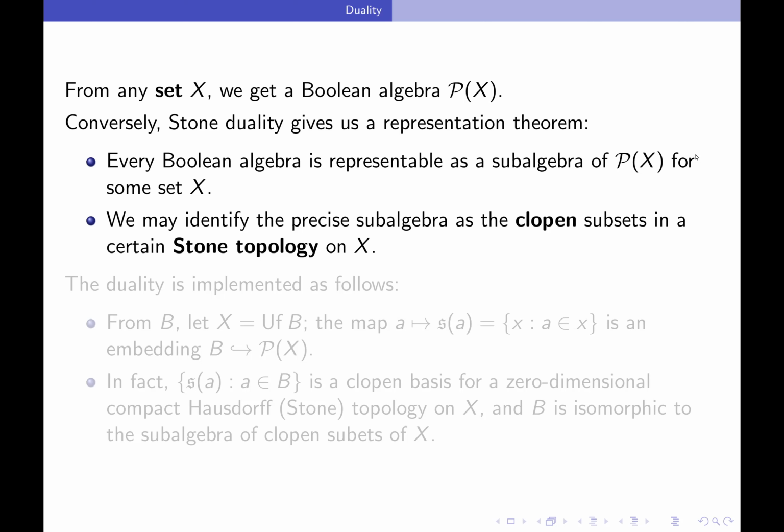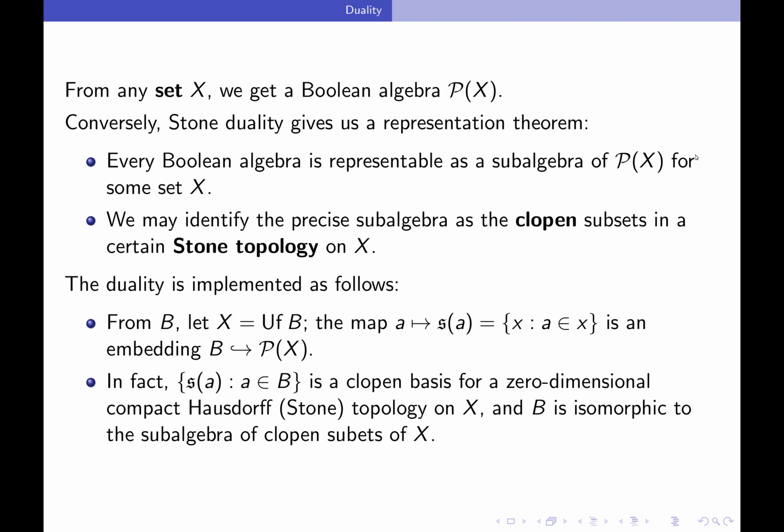Every Boolean algebra is representable as an algebra of sets, a subalgebra of some P of X. If you want to identify exactly which subalgebra, you need to put a topology on the set X, and then you can identify exactly what the algebra is as the set of clopens in this topology.